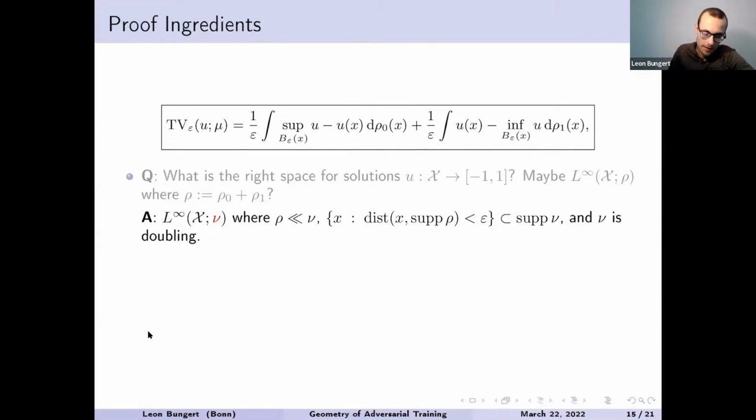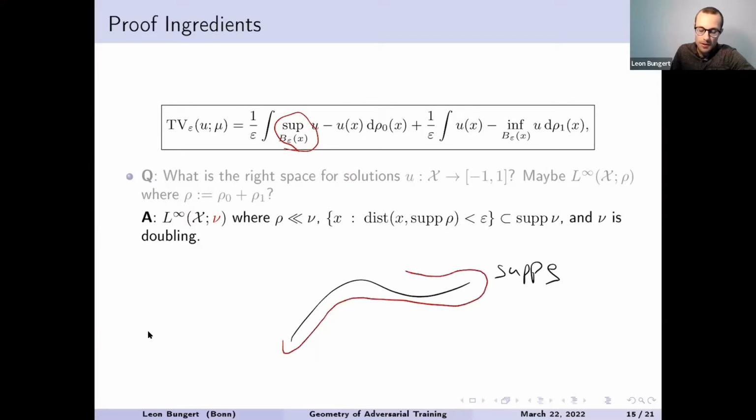And the reason is that, if this is the support of rho, you're taking these suprema over these epsilon balls. And so you should be working with a measure which is supported in this epsilon tube around rho. This is where this measure nu is supported. So you have to construct this measure nu such that things work.